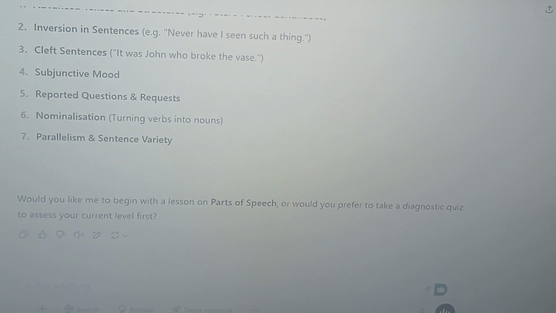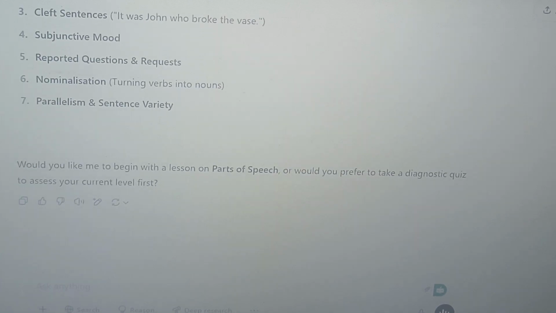Okay, so let's start from the very basics. So I'm going to ask ChatGPT, explain the difference between letters, alphabets, words, sentences, and what else?